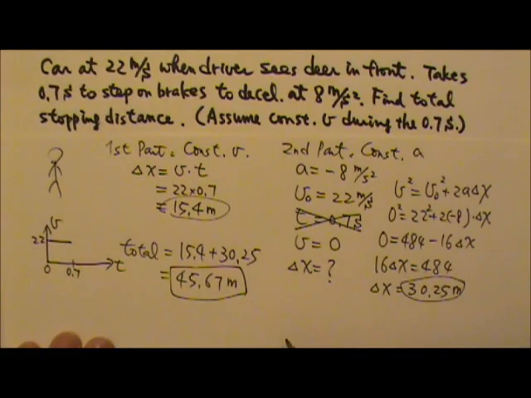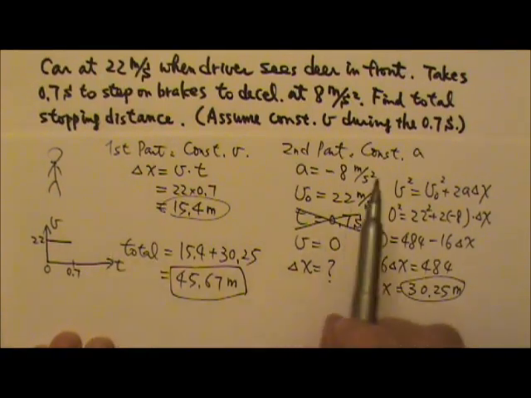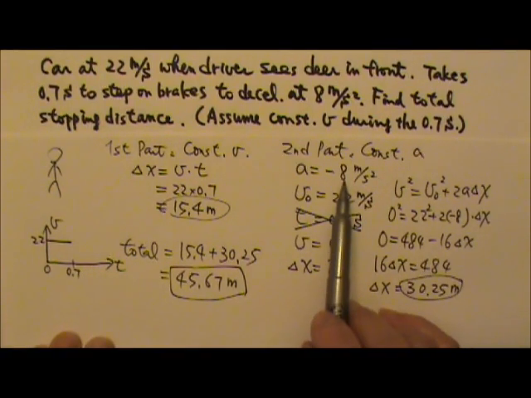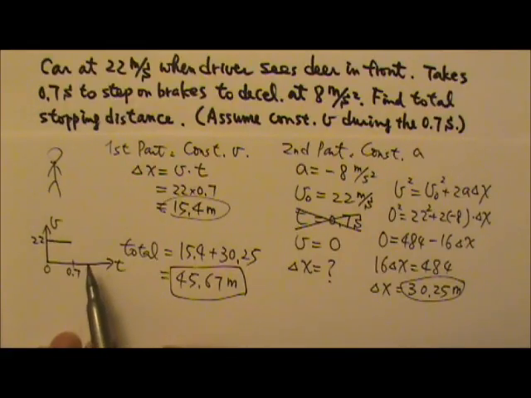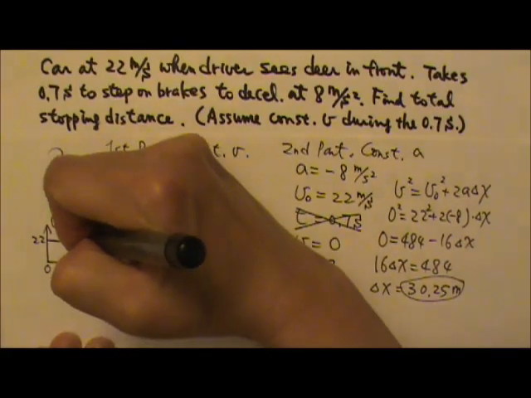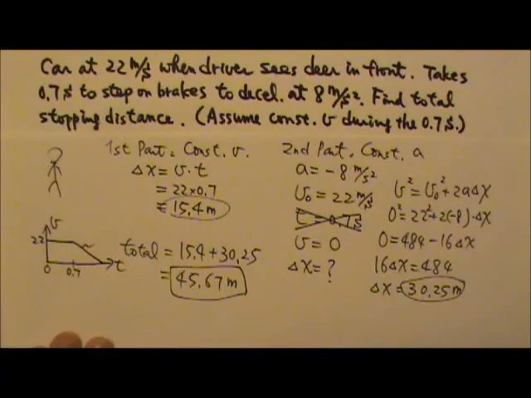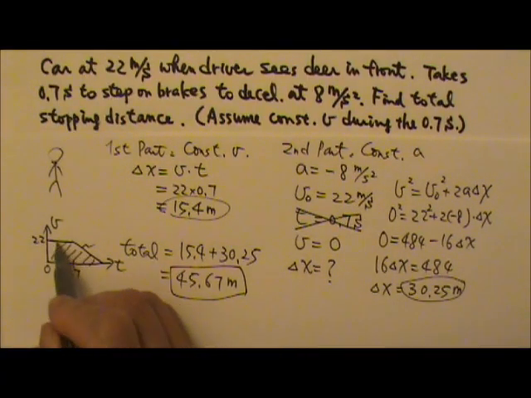And then the car slows at a constant rate. The acceleration is the slope of the graph. If your acceleration is a constant negative number, that means you have a constant negative slope, so the graph goes down this way. And then if you want the displacement, you just need the area under the graph.